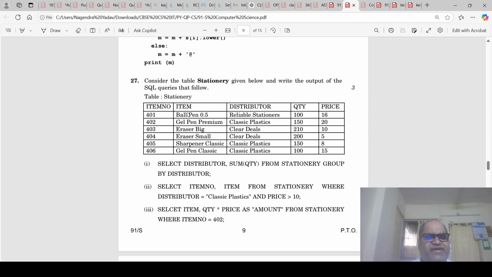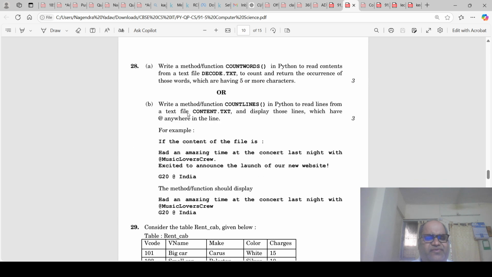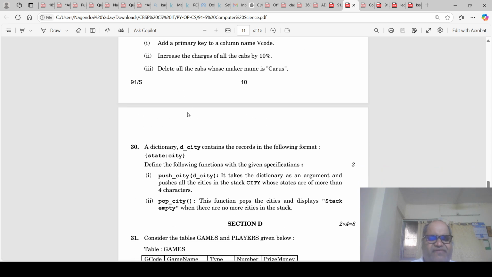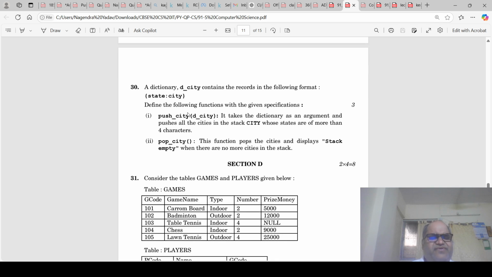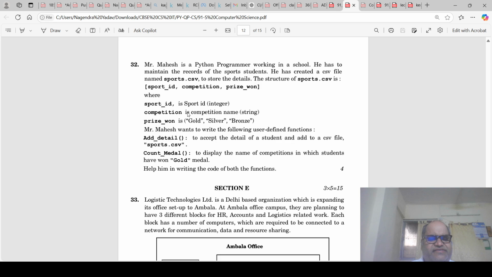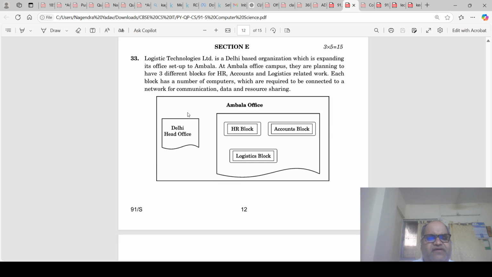So broadly, you will be tested on your programming skills. If you have a basic understanding and clarity on Python and SQL syntax, as well as a basic idea about the packages being used, then you can score very high. Other than that, you have small theory parts, like table connection.